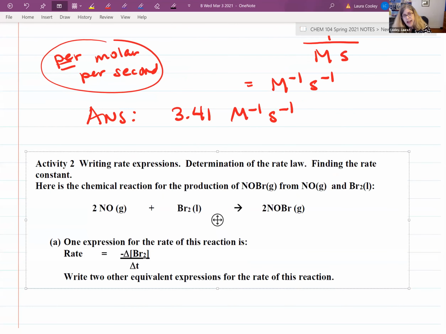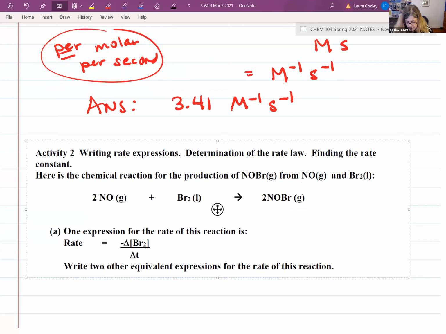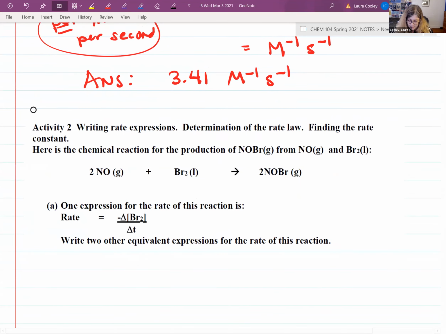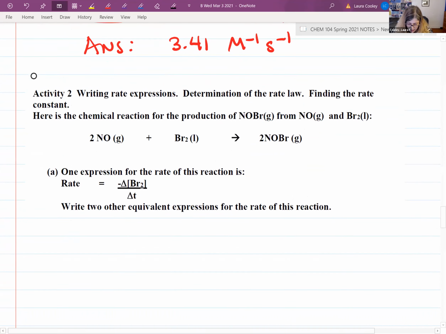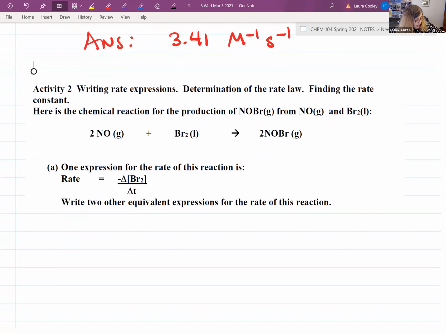I just want to go back to activity 2 because I skipped something, another one of those details that I want to go over before we finish today. And I have another activity after that if there's time, which I will have you folks work on. So we've been writing at the beginning of class these rate expressions, change in concentration over change in time.